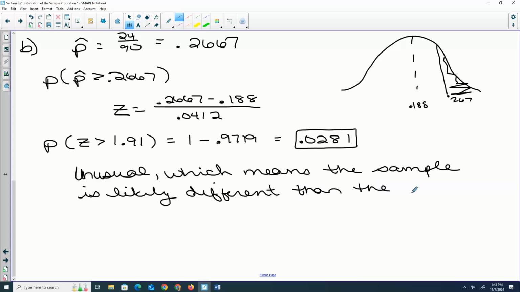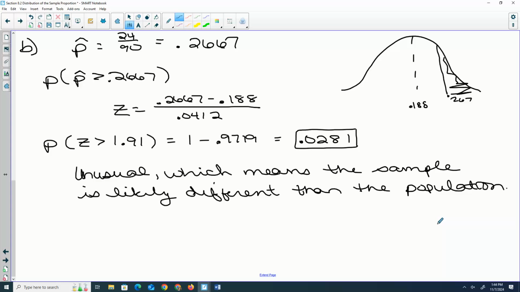It's not impossible for this to happen, but if my sample is truly matching my population, it would be extremely unlikely. So there's some other thing going on here. Maybe my sample had similar, I don't know, lots of different things.